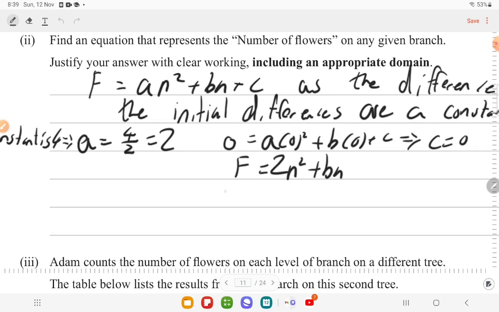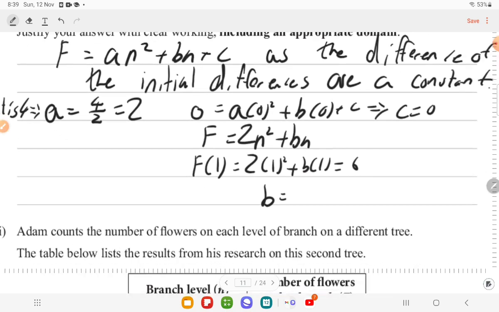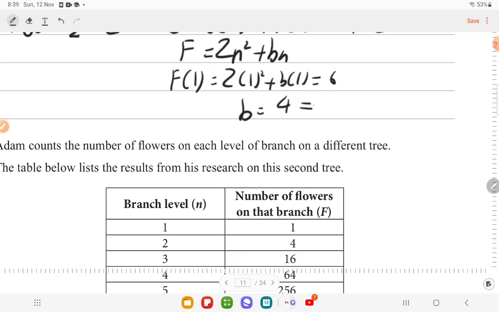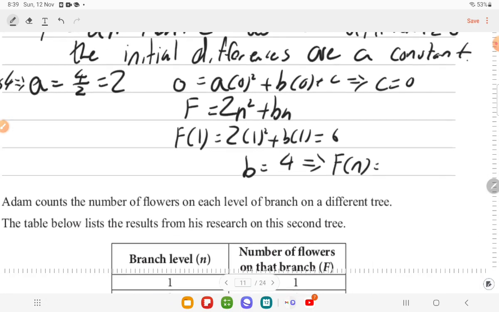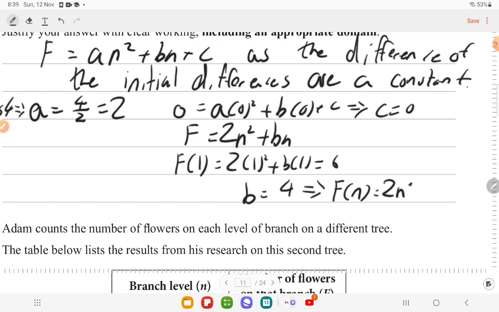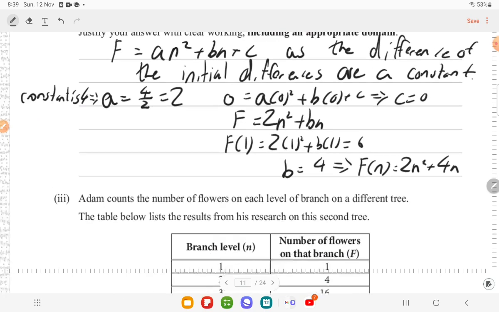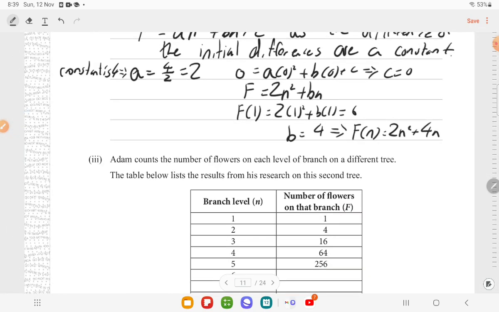So f of 1 is equal to 2 of 1 squared plus b of 1, which is equal to 6, so b is equal to 4. So f of n is equal to 2n squared plus 4n. Let me check my notes. Yeah, that seems correct.